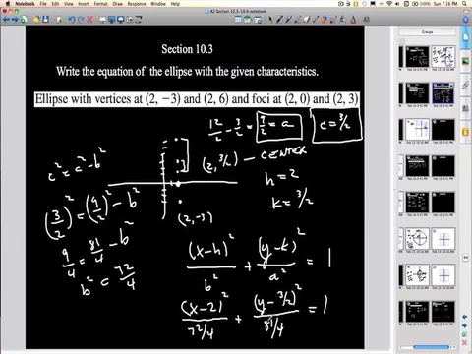Equals 1. And you could leave it in this form, or you could actually invert these and multiply, in which case the 4's would go into the numerator, and it would look like this. 4 times x minus 2 squared over 72 plus 4 times y minus 3 halves squared over 81 equals 1.